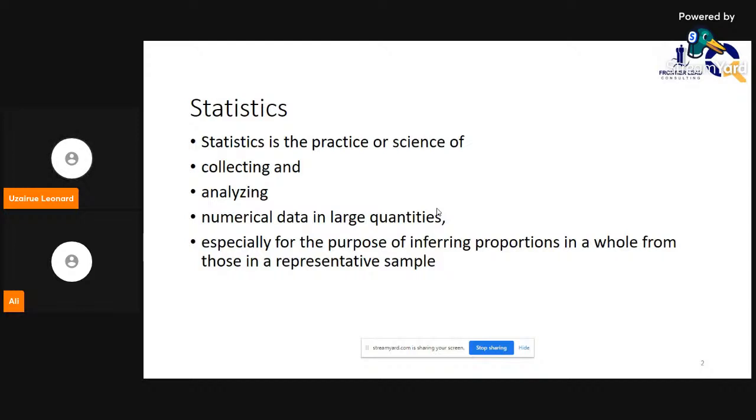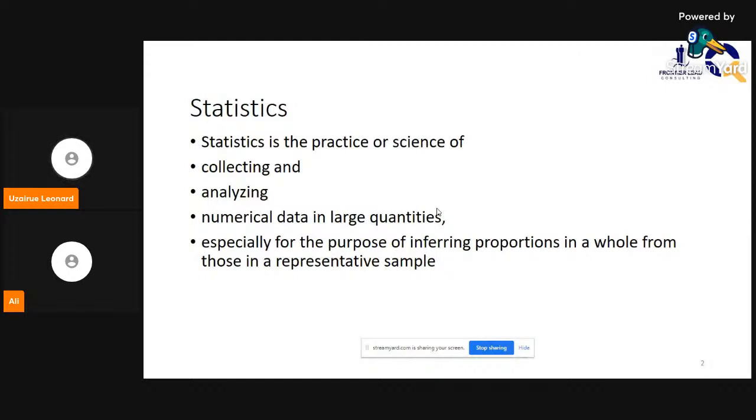Now, what I'm saying in essence is, if you want to study the whole population, let's take Nigeria as an example. You want to do a particular study. Since you are in hematology, let me use a hematology example. You want to determine the mean PCV level or hematocrit level of all the people in Nigeria. That is not going to be possible because of the size of the population.